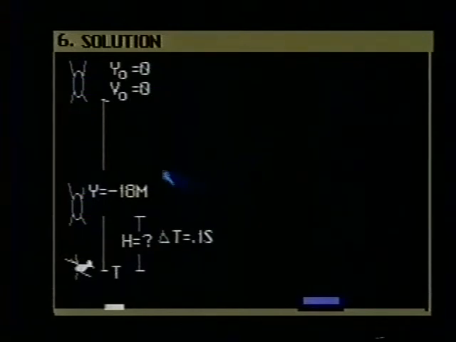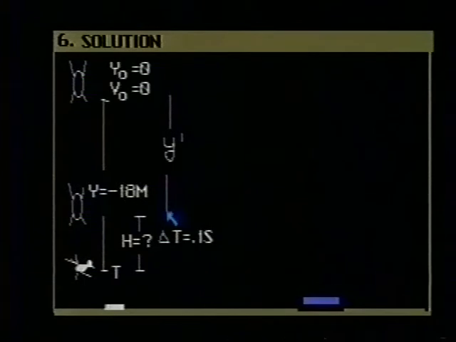If we could find the time that it takes the coyote to fall the full 18 meters, let's call that time t, we could then subtract 1/10 of a second from it and find out how long it takes the coyote to fall a distance, let's call it y prime, to the point we're interested in. Let's say that time is some time t prime. So that will be our approach.